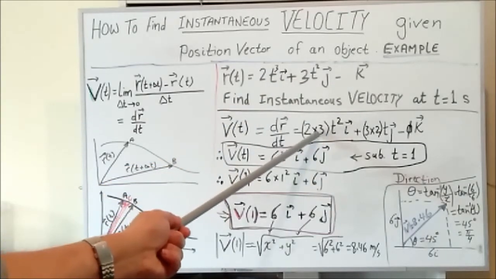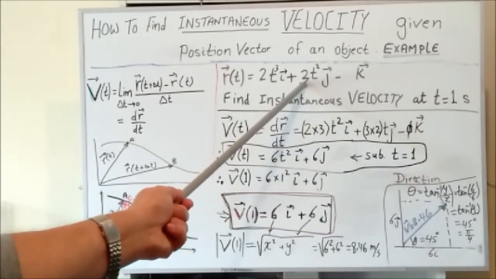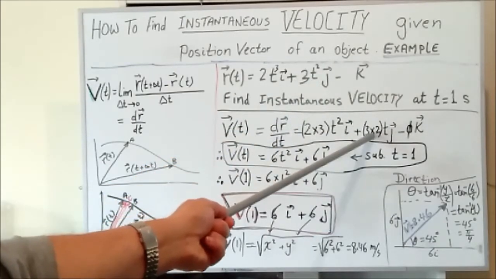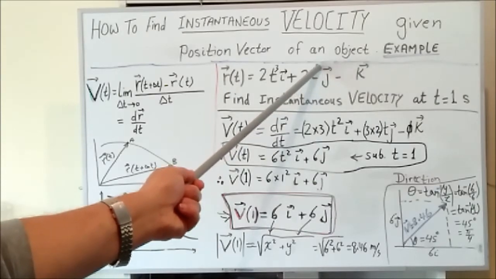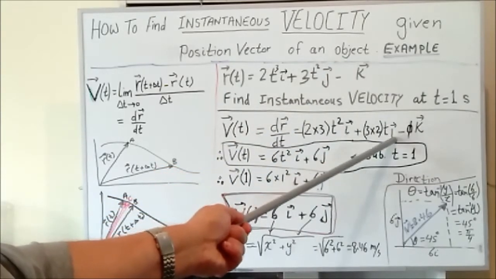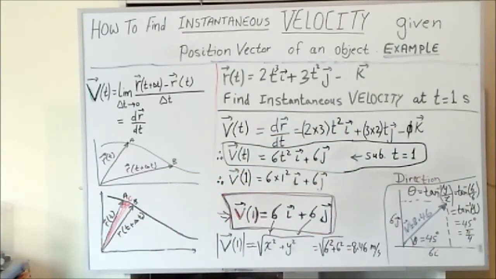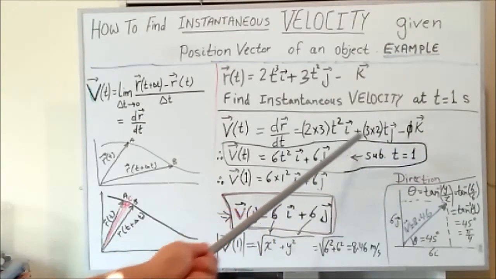So 2 times 3 t square i, plus the same thing here: the constant 3 times the power 2 gives you 6, subtract 1 from the power, 2 minus 1 is t, so 6t j. Minus the derivative of a constant is always 0 because it doesn't change. It stays the same, so the rate of change is 0. So that's why we have 0k, so there is nothing here.